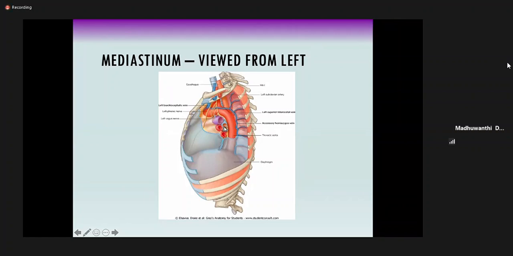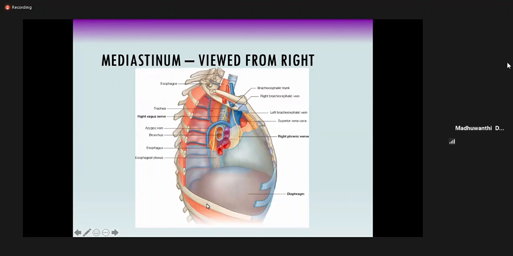So you can learn the structures. Here you can see the thoracic aorta if you see it from the left side. If you view it from the right side, what you see is the azygous vein and the superior vena cava. These are the structures that you would see from the right side.